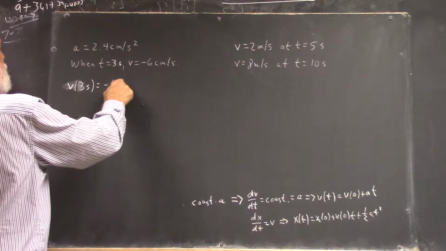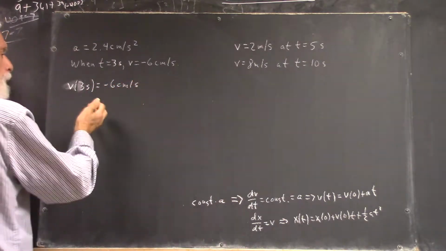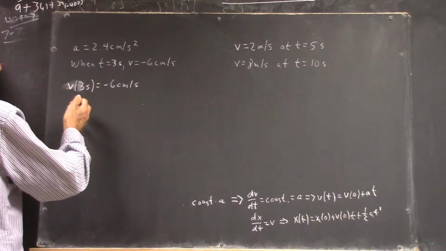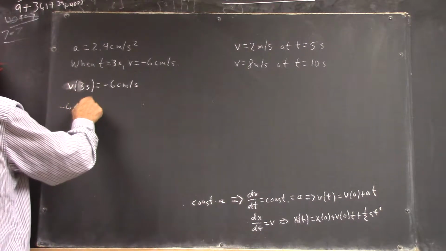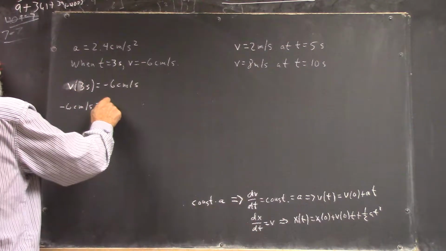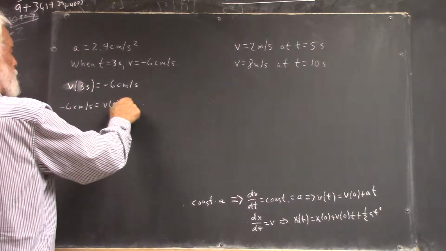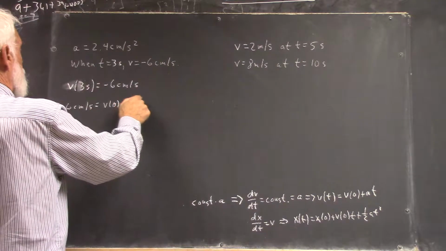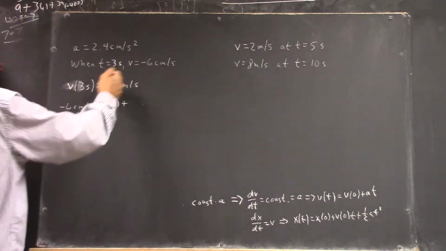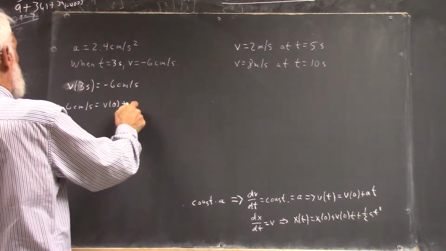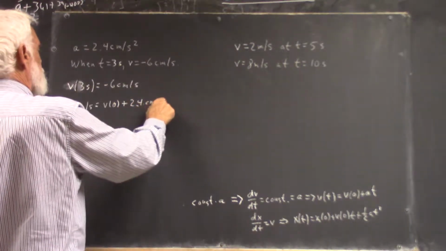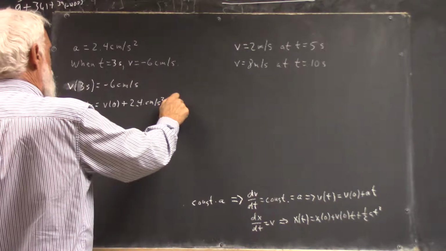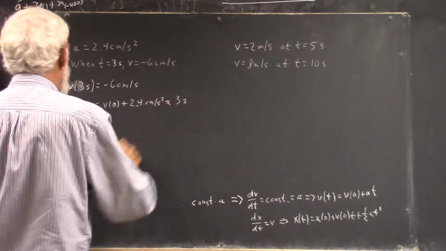equals -6 centimeters per second, which means that -6 centimeters per second equals v of 0 plus acceleration times t, which is t is 3 seconds. 2.4 centimeters per second squared times 3 seconds.